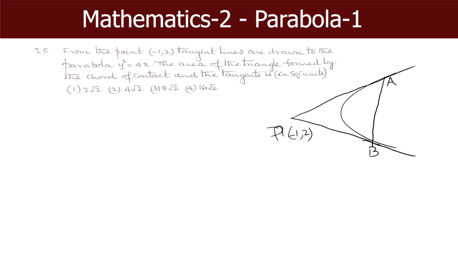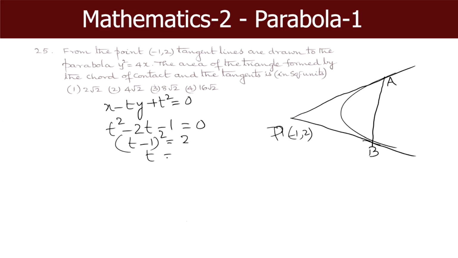First of all, let's find A and B. Otherwise, there is no chance for us to calculate the area of the triangle PAB. First, let's find A. Tangent to the parabola is x minus ty plus at² equal to 0, where a is 1 here. This passes through (−1, 2) if and only if t² minus 2t minus 1 equal to 0, or (t − 1)² equal to 2.